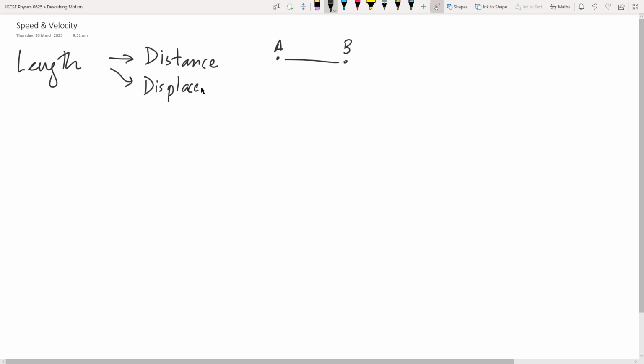Now first, before we get into speed and velocity, I will differentiate between the two, what is distance and what is displacement. Let's say I've got this point x and this point y, right? Now a car may have to take some alternate paths to get to point y. So the odometer of the car will give you a certain reading.